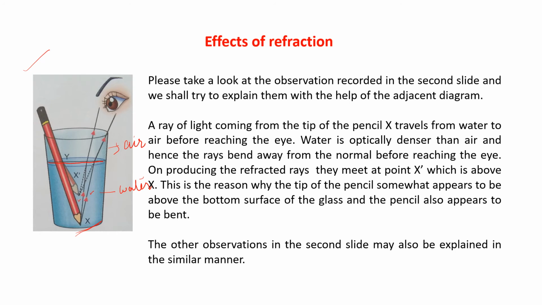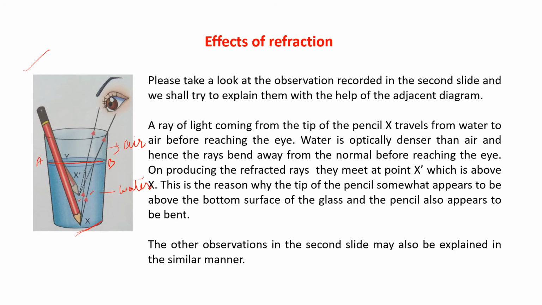So the 2 rays are coming from the tip of the pencil, that is from point X, and they are touching this interface. Suppose it is AB. As it is going from water to air, water is a denser medium and air is the rarer medium.